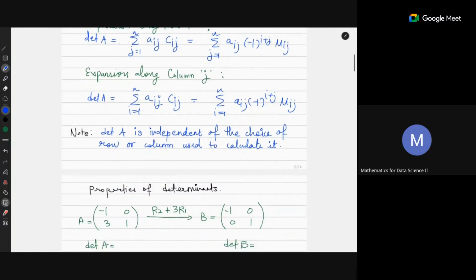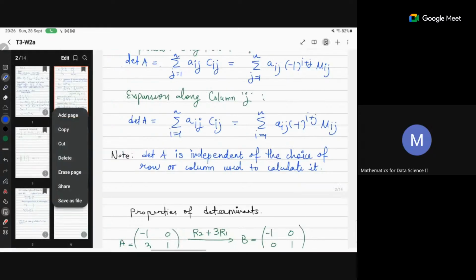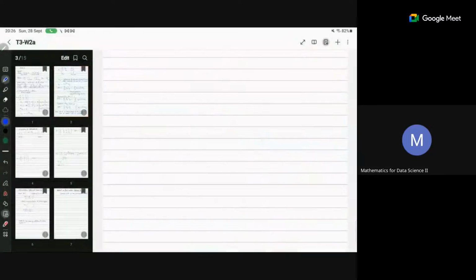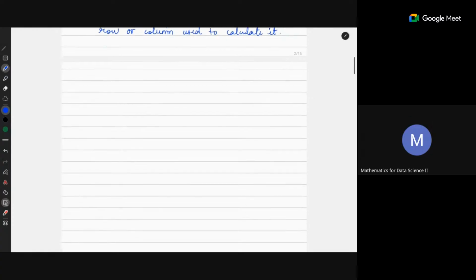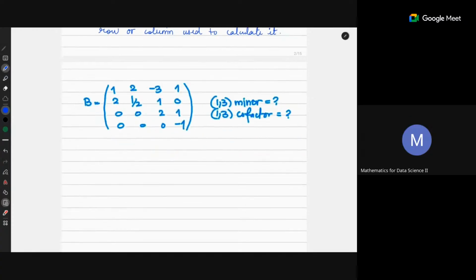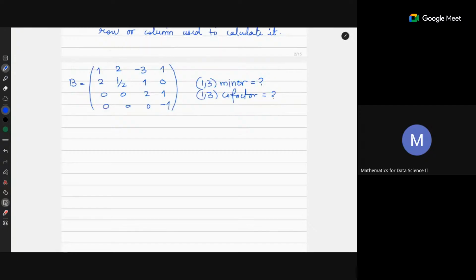So let's take an example of it to have a better understanding of what I'm trying to say over here. So let me use another image.